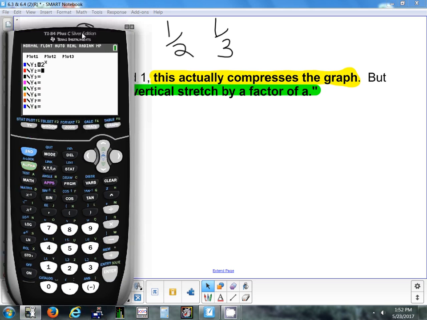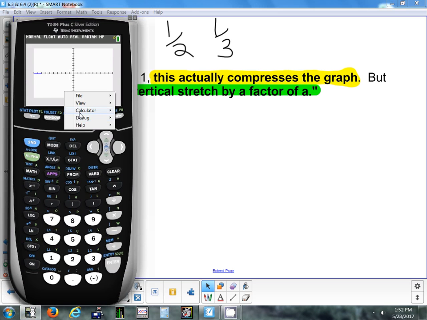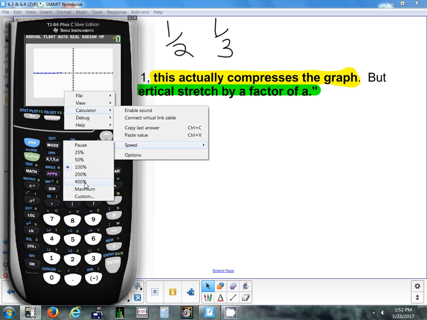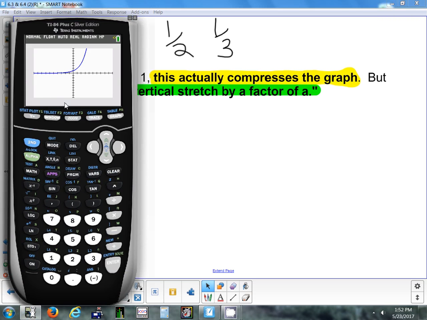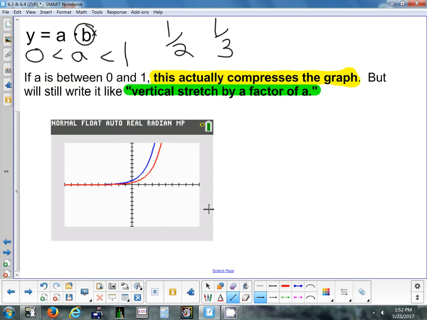The stuff we looked at yesterday, what happened to the graph? We were comparing graphs. What was the phrase we used? It was a vertical what? Stretched, right? We were kind of pulling them apart. Today when we look at them, they're going to be compressed. They're going to get tighter together, not spread out, like Mr. Hager is showing us here.